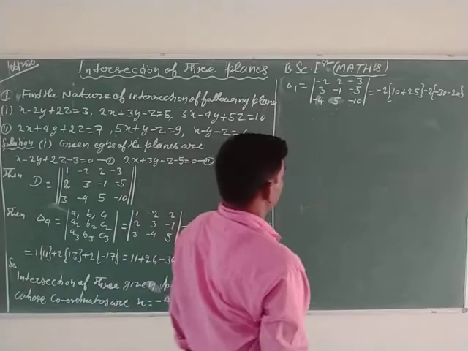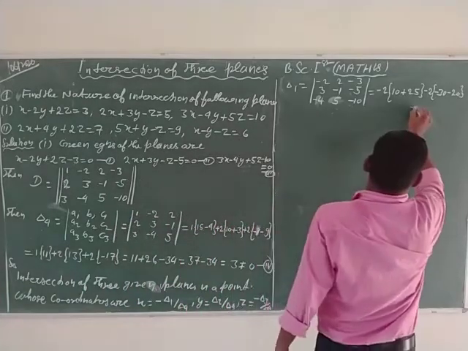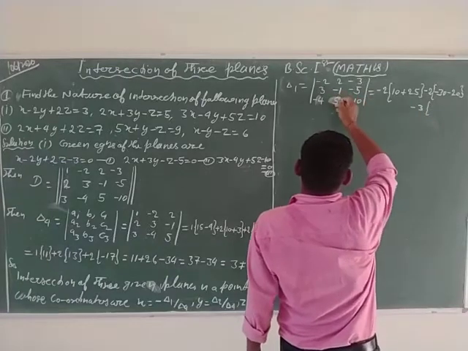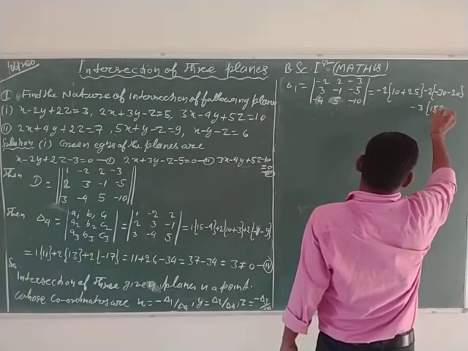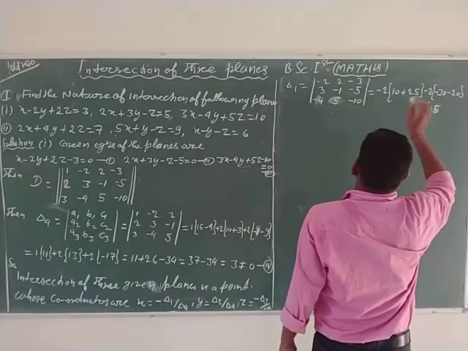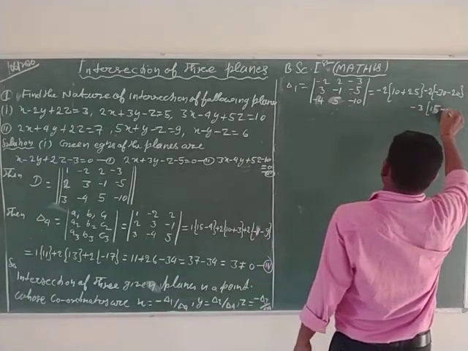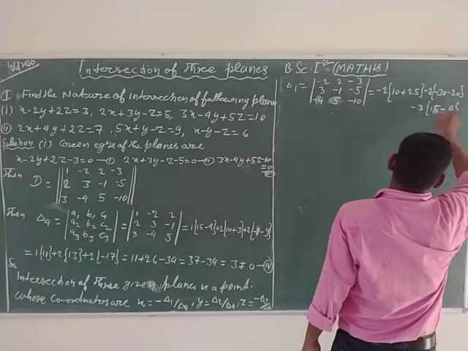At last, third, minus 3, eliminate this, and inside 15, and minus minus plus, so again minus 4.